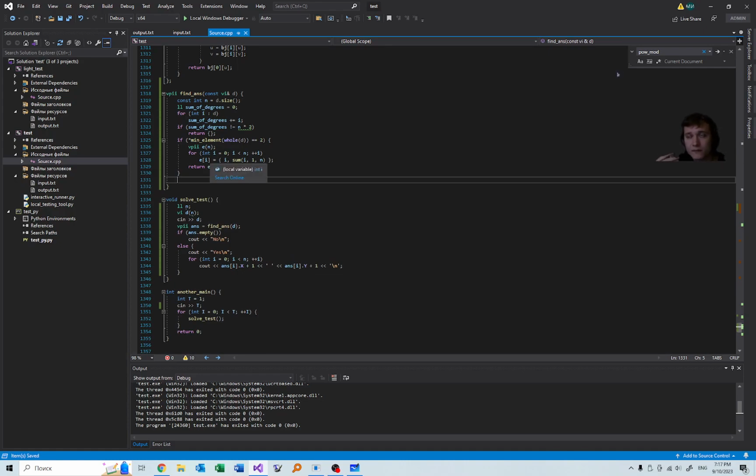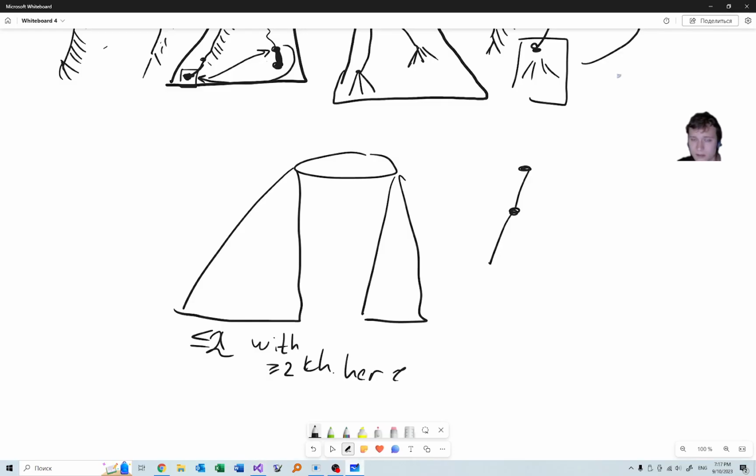So now we have some leaves, some maybe vertices of degree 2, some vertices of degree greater than 2. Then what do we try to do? So the issue is when we have two vertices like at most two here and at most two here. And this is an issue.